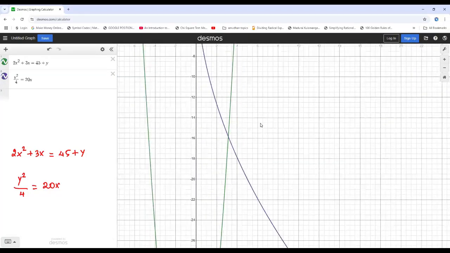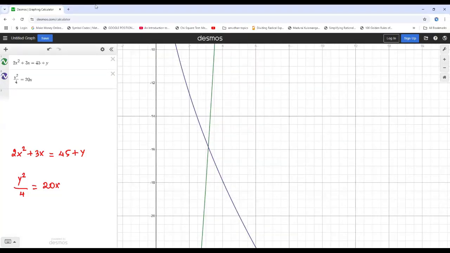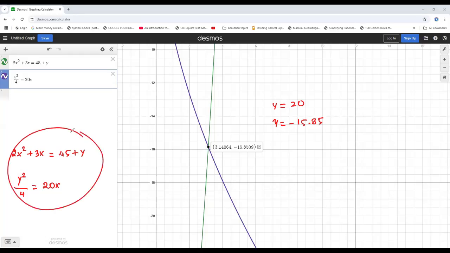There is another point of intersection over here, where the y coordinate is approximately negative 15.85. So in the first one, I got y = 20, and in the second one, I got y = negative 15.85. So I have 2 points of intersection for the graphs of these two equations.